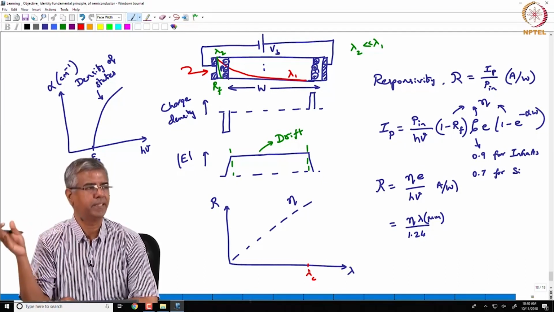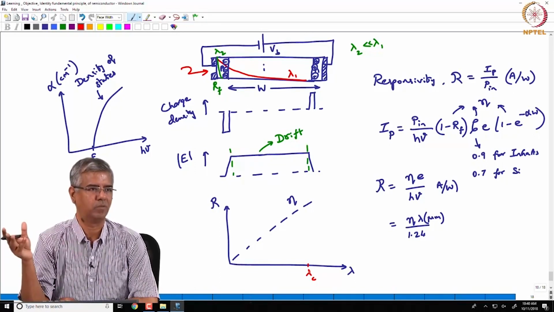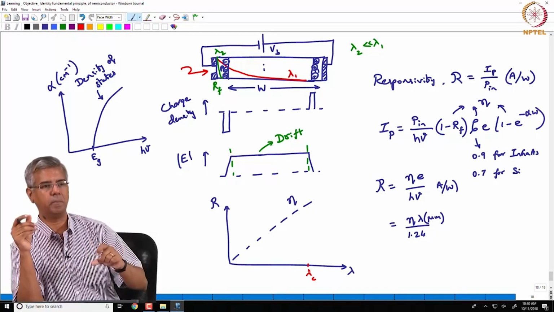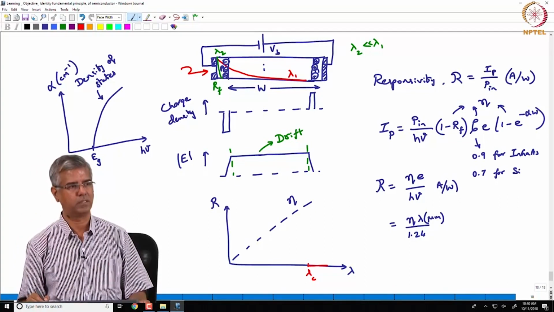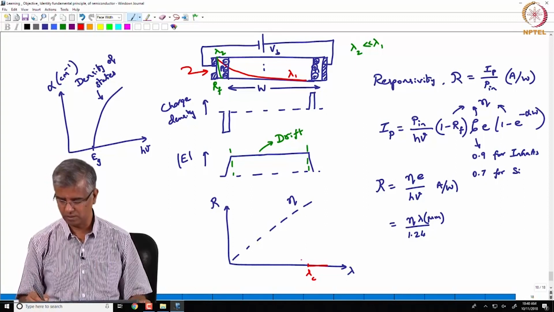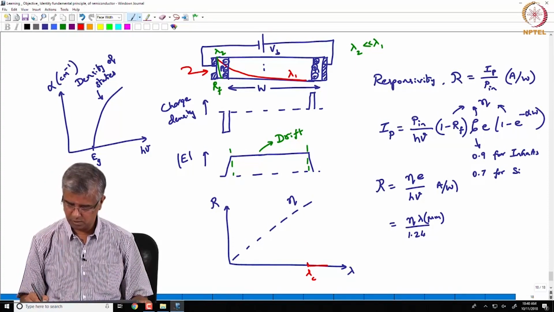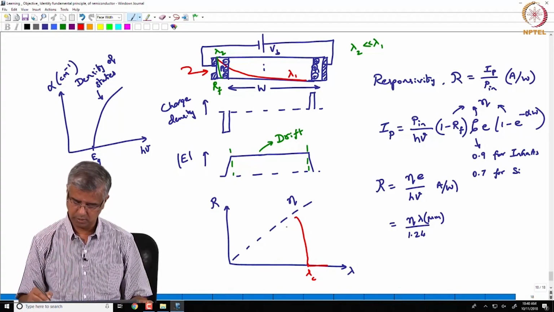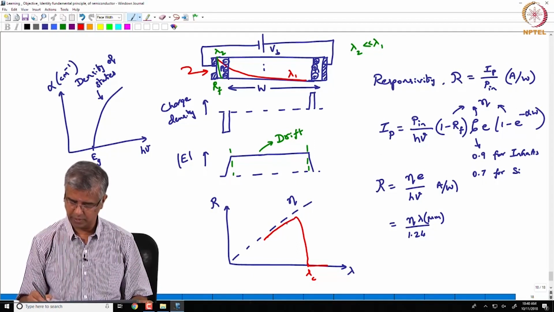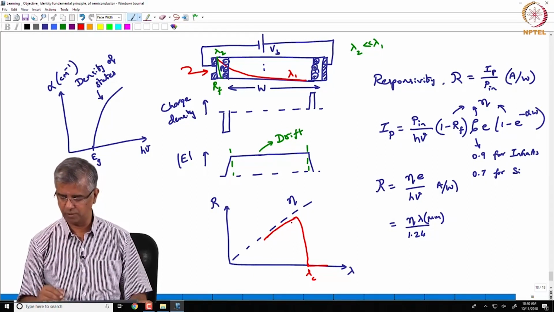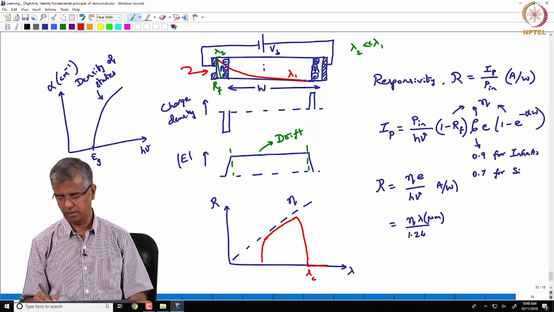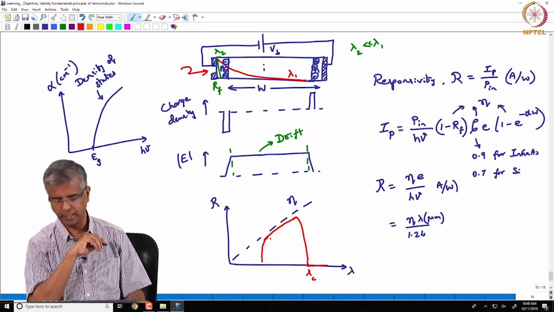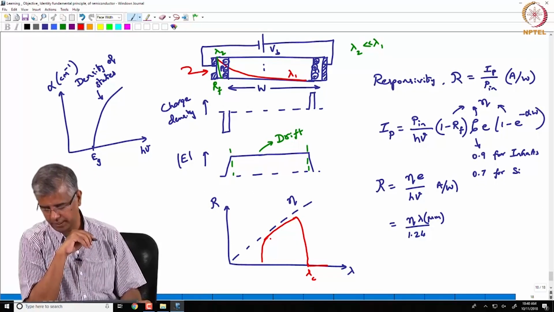Any wavelength greater than that cutoff wavelength is not going to get absorbed, because the energy is lesser than the band gap energy. So, there is zero responsivity beyond this. But within this, it is going to increase, and then it is going to be guided by your value of eta, and then it is going to drop off.